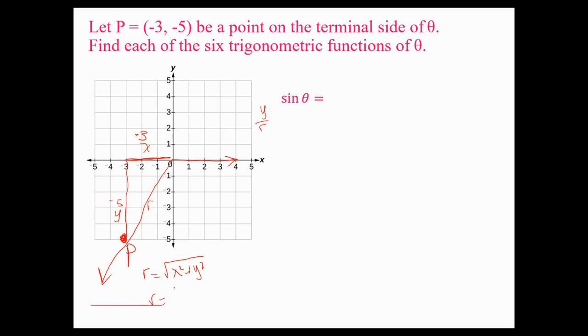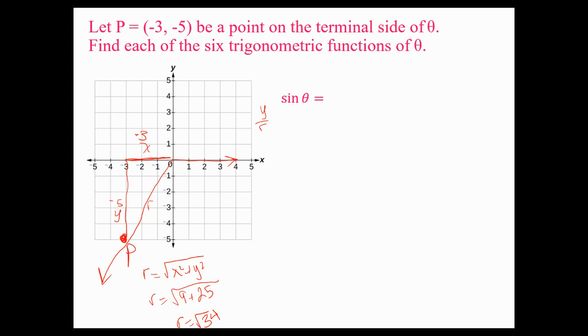So r equals x squared, so negative 3 squared is 9, plus negative 5 squared is 25, and I get r is equal to the square root of 34.